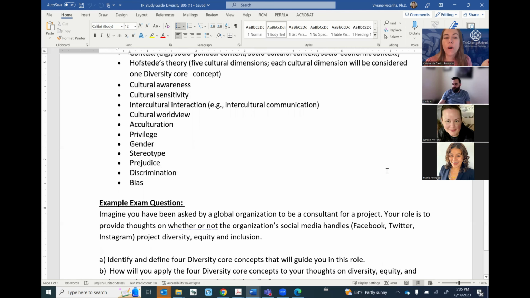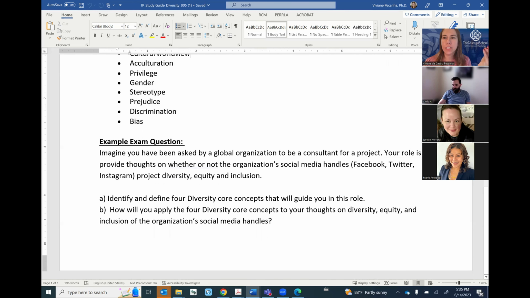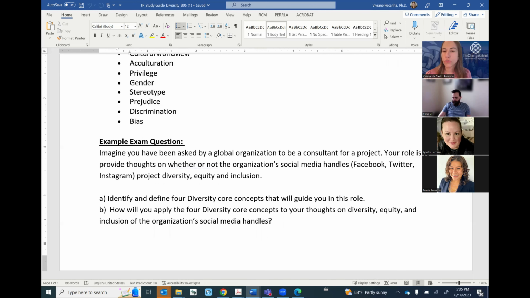These are examples of exam questions for diversity. That does not mean that your exam will have that question. So imagine you have been asked by a global organization to be a consultant for a project.